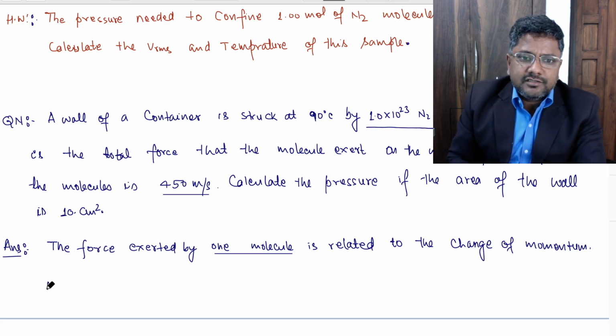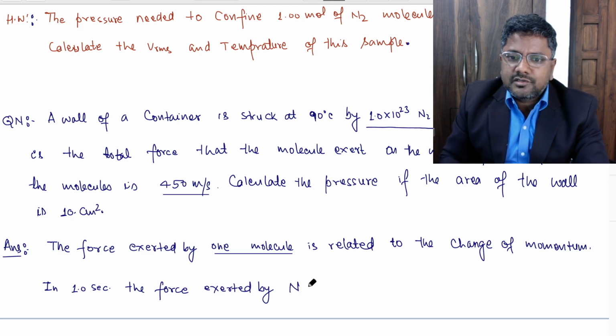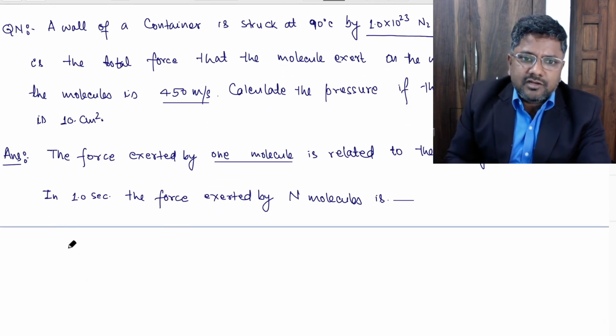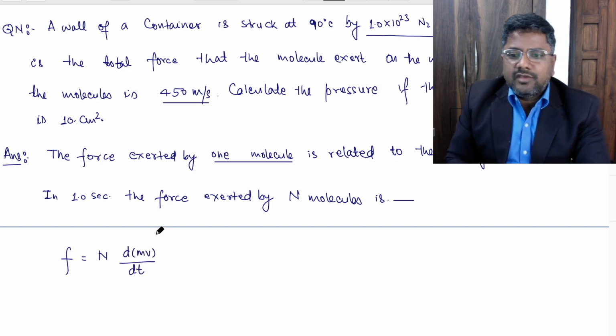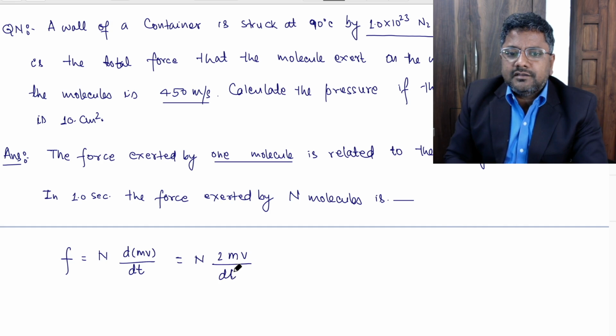So in 1 second, the force exerted by n molecules is F is equal to n d of mv by dt, and we know that dmv is equal to 2mv by dt, right?